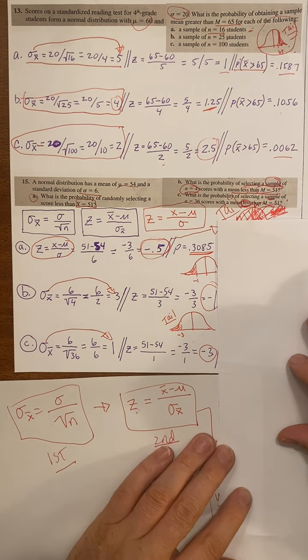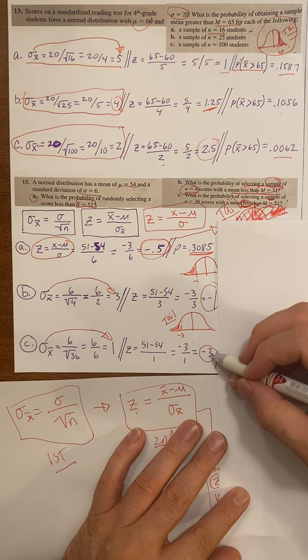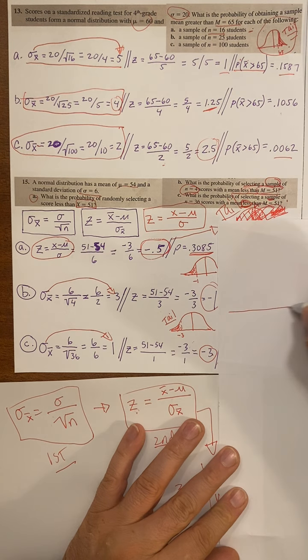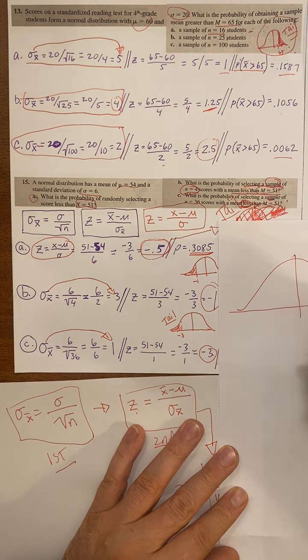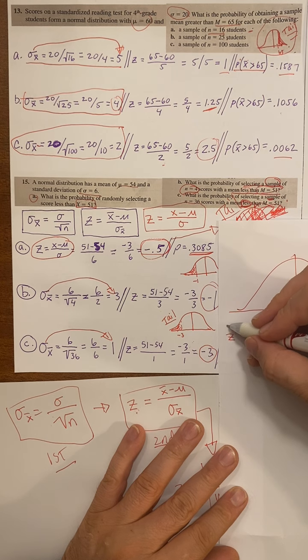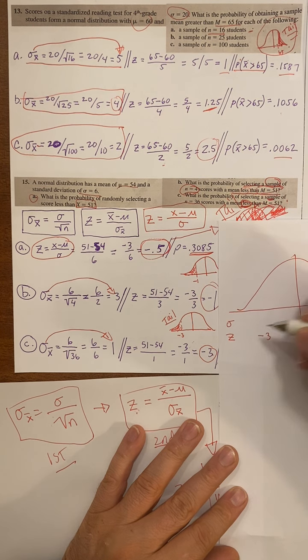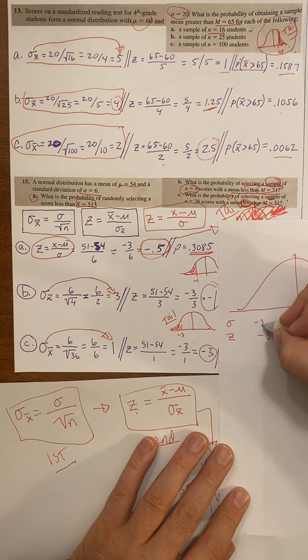Now, let me just kind of point something out about this, right? So I'm saying, I just go to the standard deviation. Remember that's what's happening here is you have this z value of negative 3. But it also maps on to any standard deviation value of negative 3.